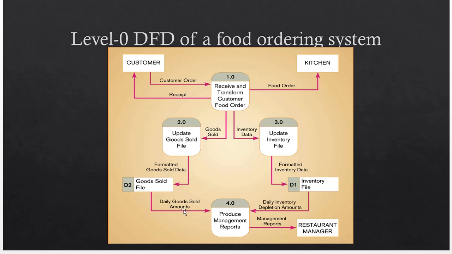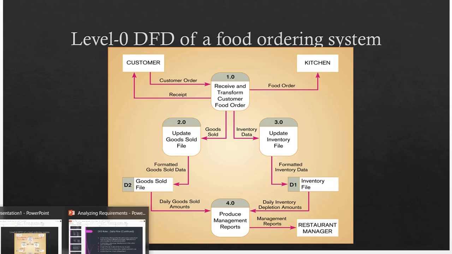You can represent that using an arrow that has got forks. So it's 1 arrow coming out of the receive and transform customer food order, but it then splits into 2 because the same information is being used by 2 or more different processes. But in this case where the goods sold and the inventory data are different, they should be represented by different arrows.